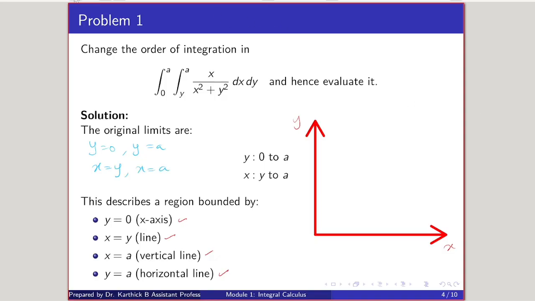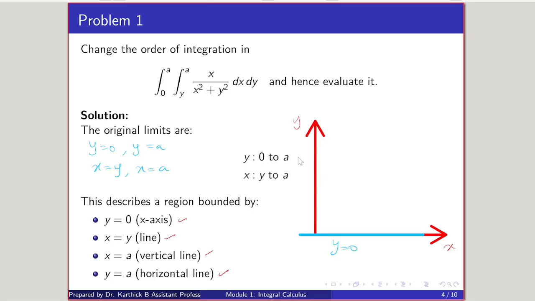So I may take this y equal to 0, it represents the x-axis. So this will be y equal to 0, and then we go for y equal to a.